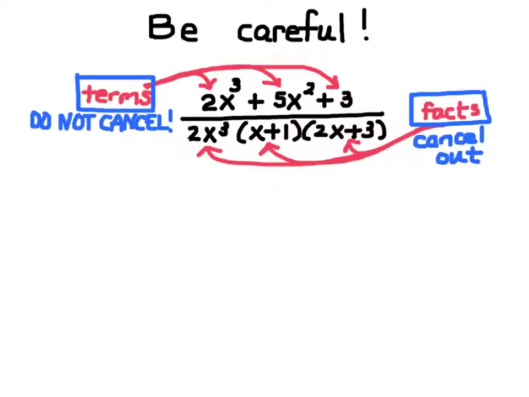So we cannot cancel out the 2x cubed in the numerator and the 2x cubed in the denominator because looking at the numerator, it's a term. Now if the denominator were also a term, let's say this was 2x cubed and I added this product of binomials, still the 2x cubed and the 2x cubed in the numerator and denominator would not cancel out because terms never cancel out.